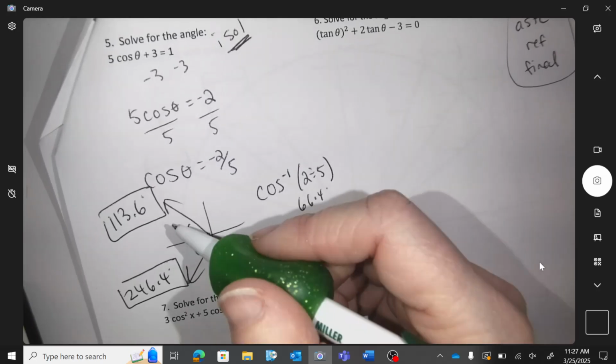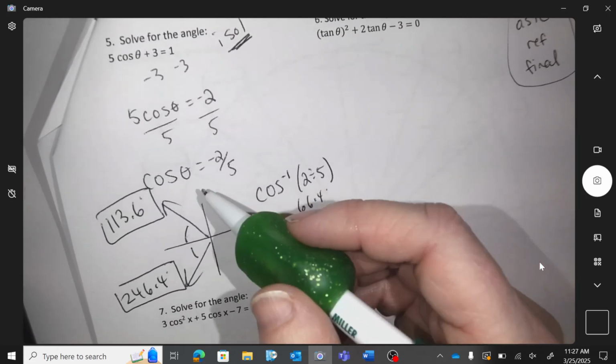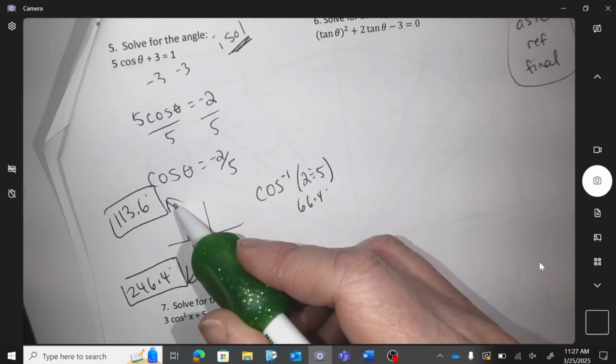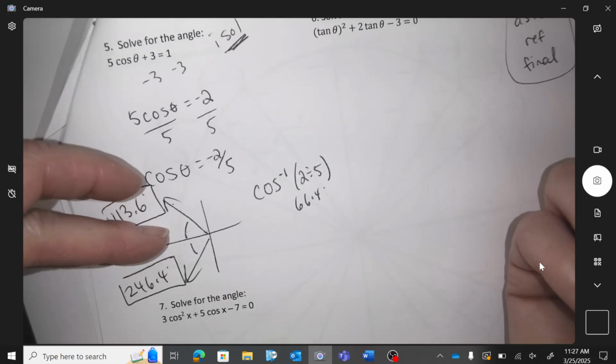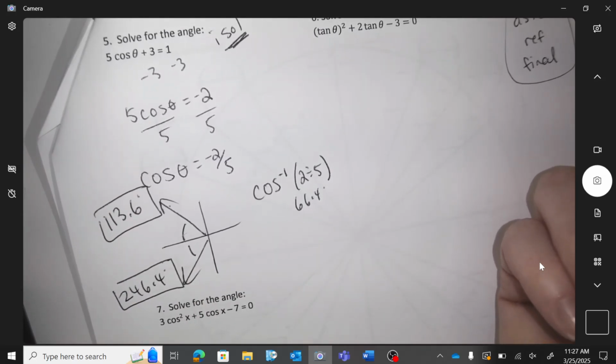Also, please look at your number. Does it make sense? Whatever this value is, it's going to be between 90 and 180. Whatever number this is, it's between 180 and 270. So obviously lots of that makes sense.